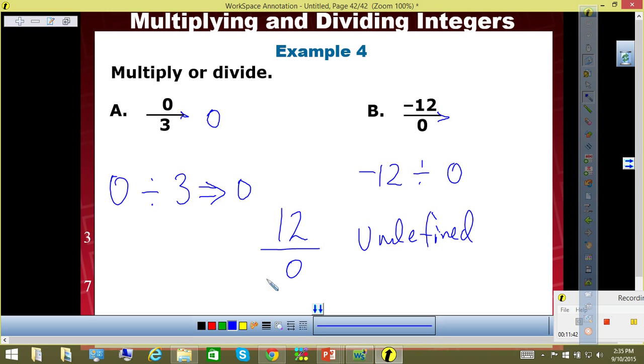Do you see the difference? Over here, there's $0 divided by 3 people. Every person gets 0. Over here, there's $12, but there's no people around. Therefore, it's undefined. Everybody with me? You see the difference, how you set up these two? Everybody got it? All right.